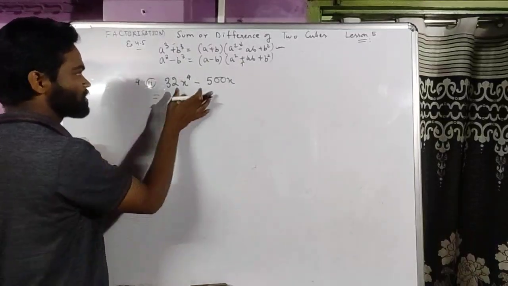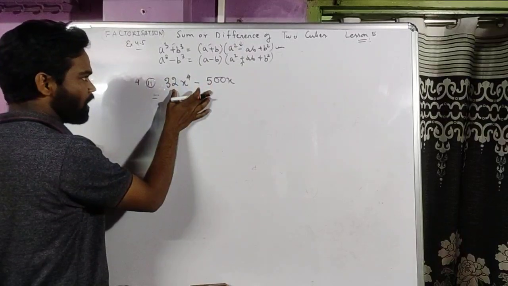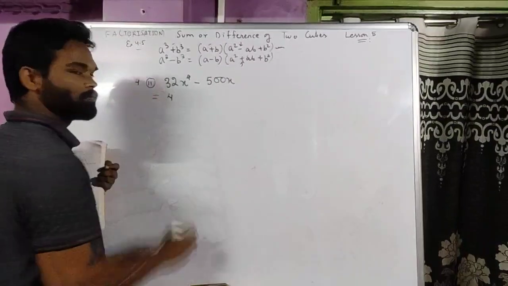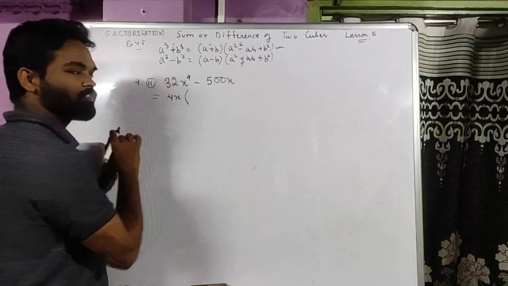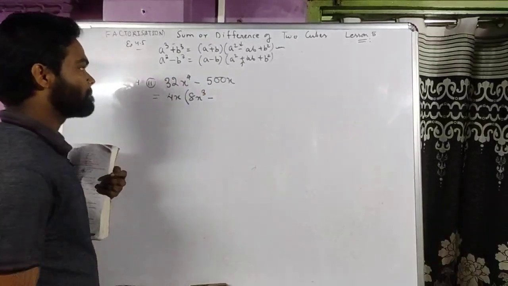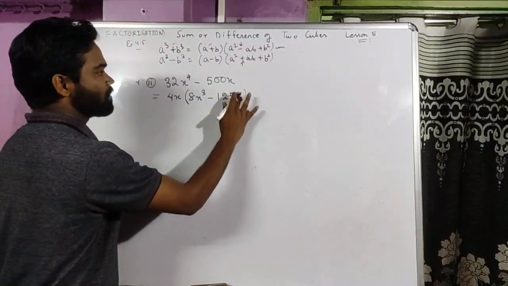In the first step only, if you see, I think 4x is common. So 4x taking common, what will be left over here? 8x cube minus 125.